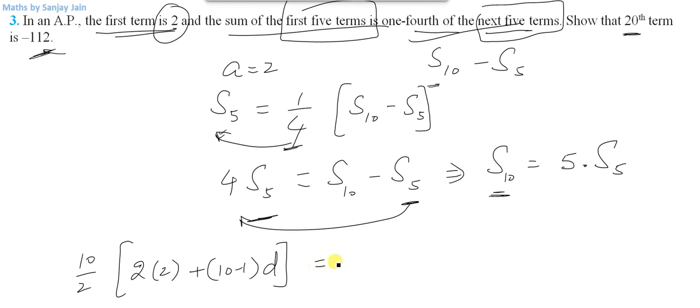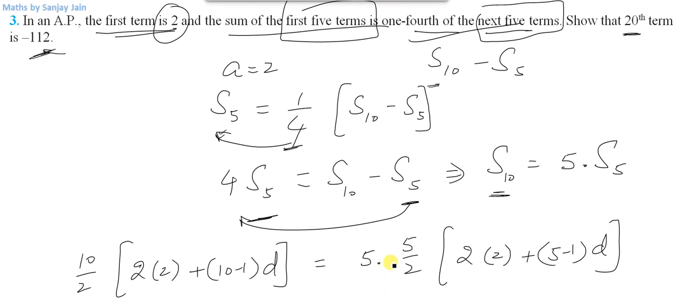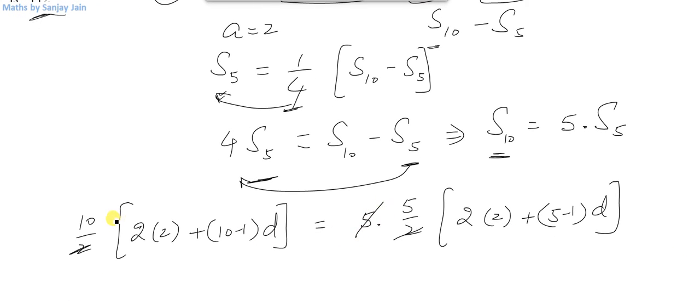And it is equal to 5 into 5 by 2 twice of A plus 5 minus 1 into D. Okay, so this 2 can be cancelled and one of the 5's can be taken care of like this.